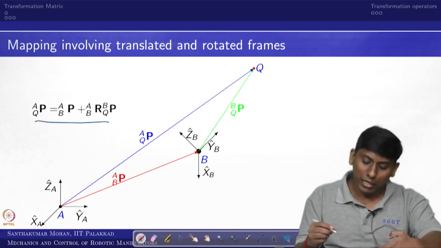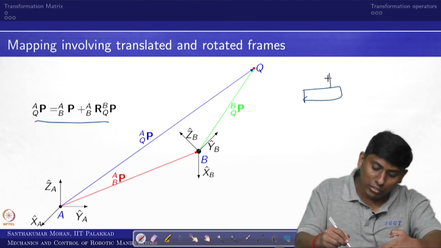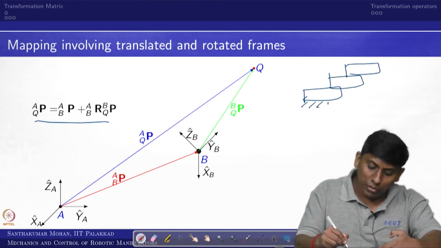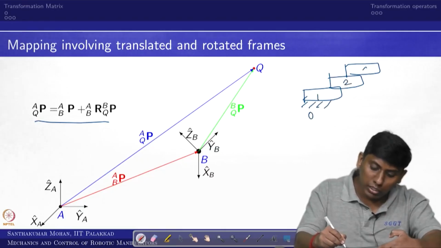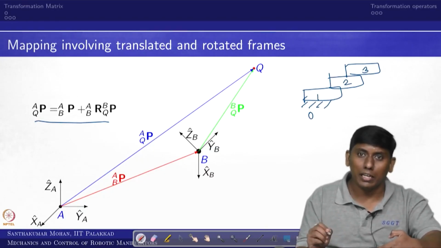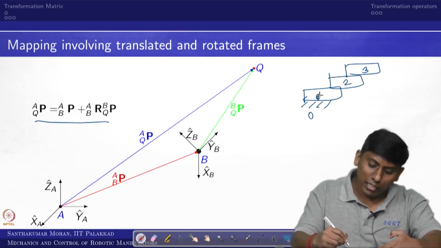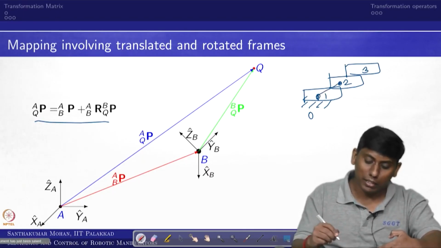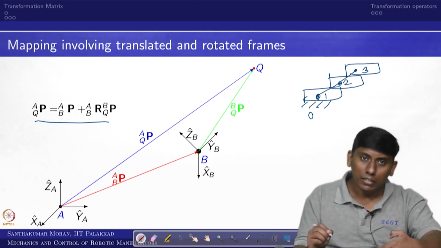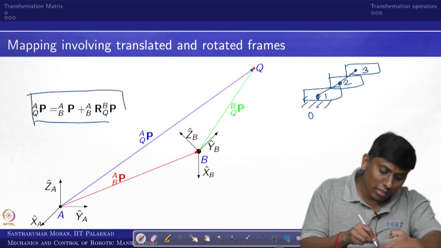Now imagine there are several bodies associated in series, like body 0, 1, 2, 3 and so on. Can I get the information for this transformation to this transformation? Yes, I can do. Similarly, can I get this? If I keep getting these, this is the relation I will get.